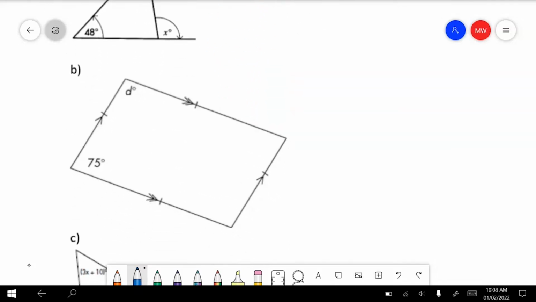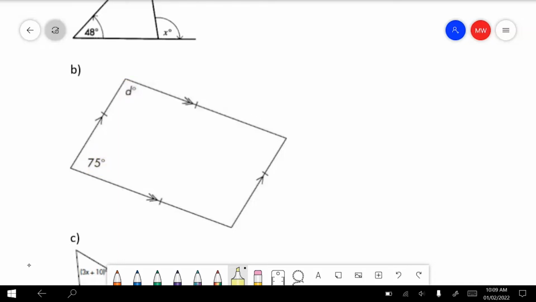The second example, I've got a polygon which is a quadrilateral, so a four-sided shape. We know that the internal sum of the angles is going to be 360 degrees, so you can attack this question with that. I also see that this one's a parallelogram, so I'm going to use the rule for co-interior angles. Co-interior angles between parallel lines, so this one plus this one, will add to give 180 degrees.